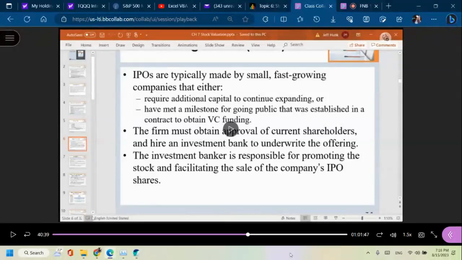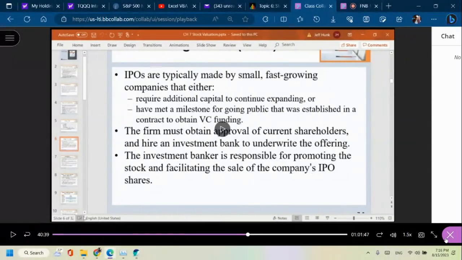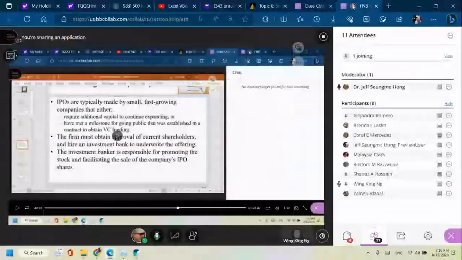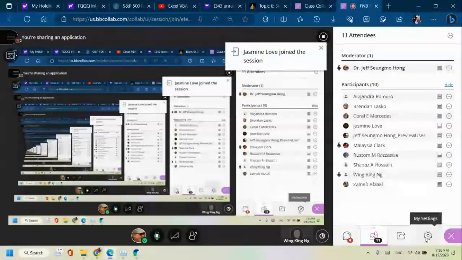If you have a question, type into the chat box, please. Where's the chat box? I didn't see it. You haven't explored? Look, it's the little purple tab at the bottom right corner.